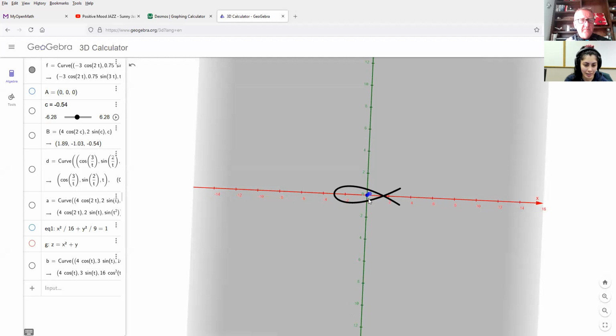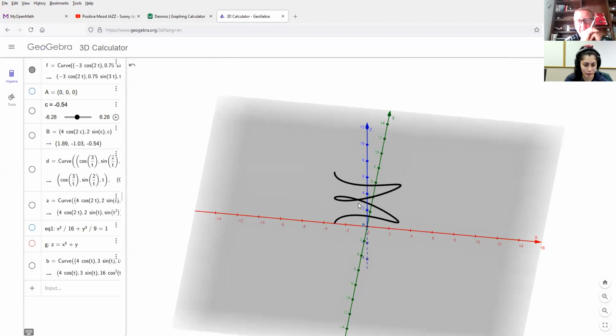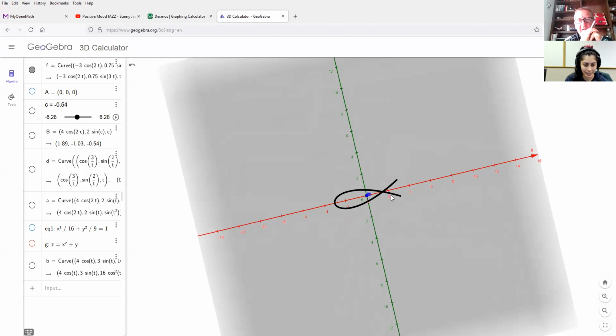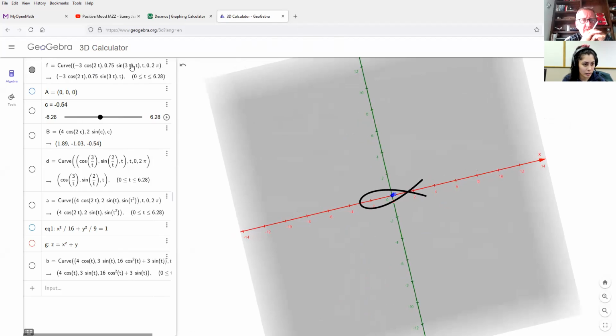Oh, that's fun. It looks like this when you go into 3D view. That's totally cool. Wow, that's interesting. What is that basic shape? It's this one, cosine of t, 0.75. That's actually not much of a modification. You changed and put some.